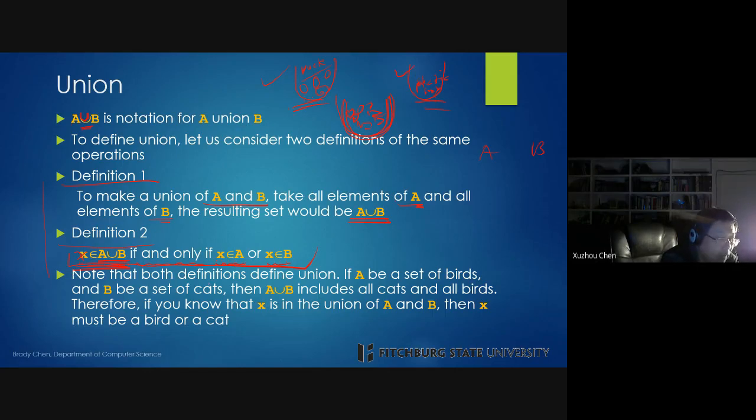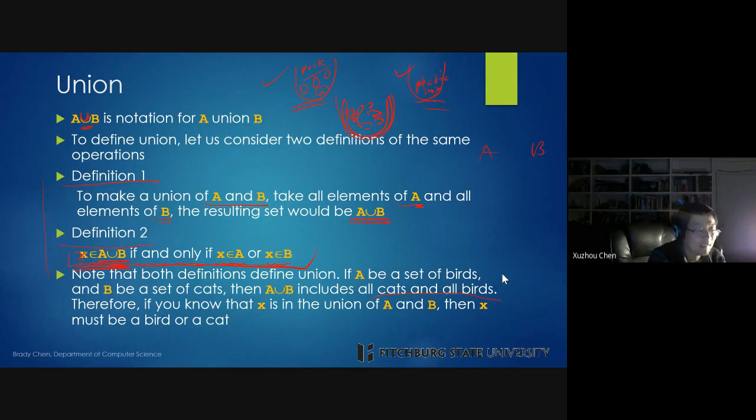So both of these can be viewed as a definition for the union. In that case, if A is a set of birds and B is a set of cats, like the previous case, then A union B includes all cats and all birds. Again, this is because A and B are disjoint.